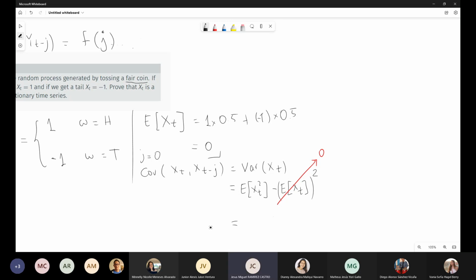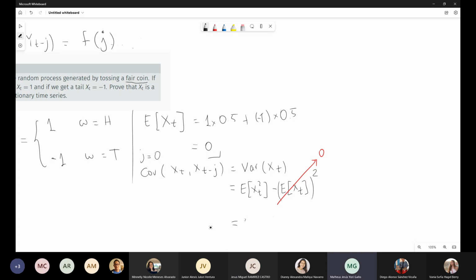Expected value of xt squared. Yori, what is the expected value of the square of xt? Pensaría que es 1. How would you compute it?